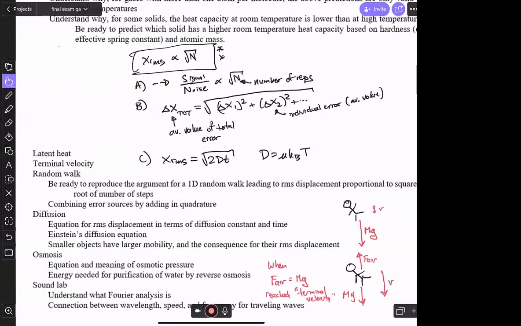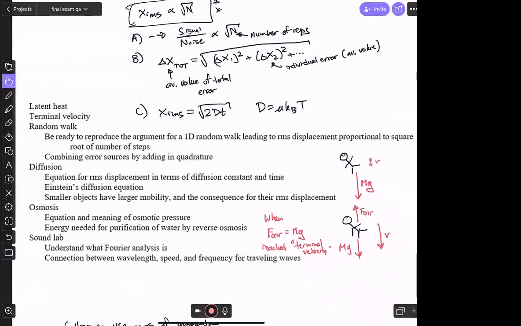That's a pretty simple idea. If you were asked to calculate the terminal velocity, you'd have to be told, are you in the turbulent limit or the non-turbulent limit? So for example, if non-turbulent, then we know that the air resistance is just proportional to the velocity.